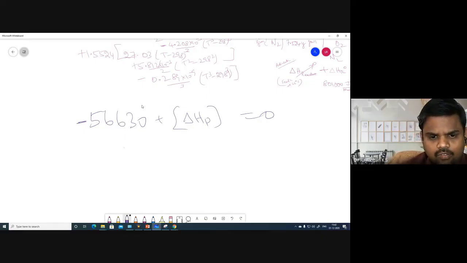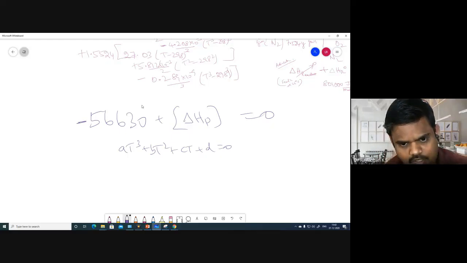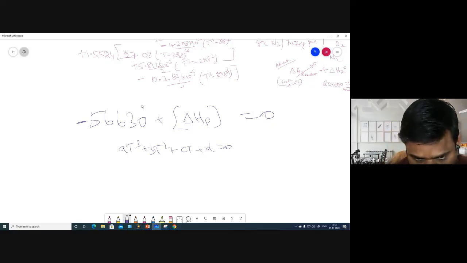So we are going to have an expression A T cube plus B T square plus C T plus D equal to 0. You can solve this equation.